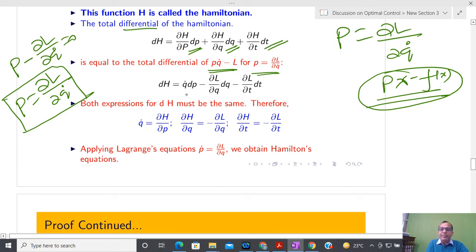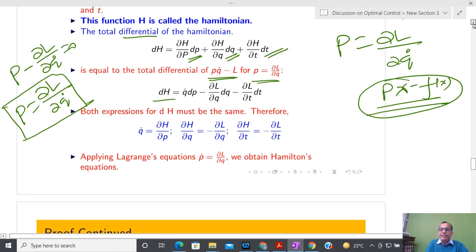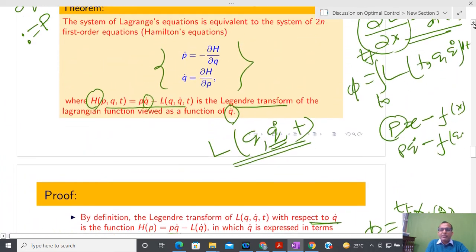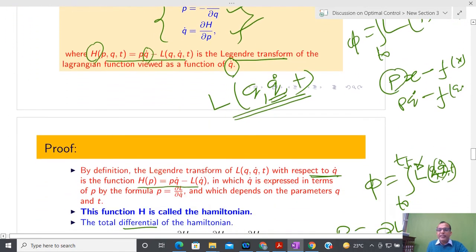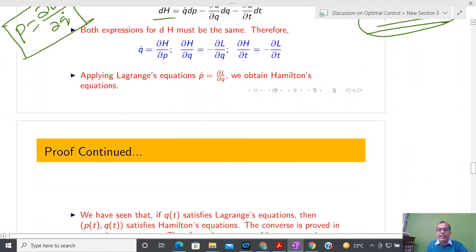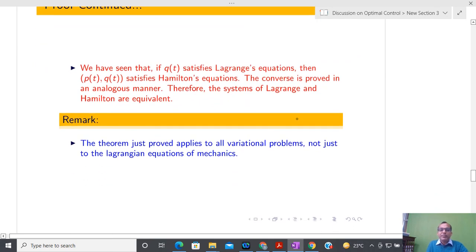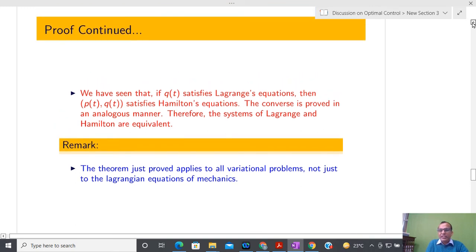At that time it is possible to know that these two variations are equal, and if you just equate them, it is possible to show that I will end up with the same equation whatever I have written, like this and this. So just by equality you are able to land at that particular conclusion. In this way, and in the reverse way, it is possible to show that p dot and q dot will satisfy the Hamiltonian equations.